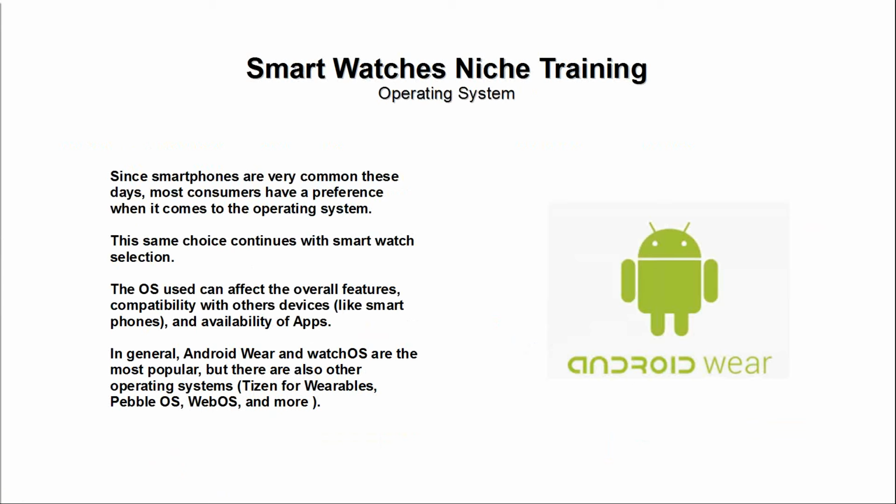There are even some smartwatch manufacturers that are making multiple models, and some of them use Android Wear and others use a completely different operating system. So there's definitely a little bit of a fragmentation, I guess you could say, with the operating systems for the smartwatches, compared at least with the smartphone industry.